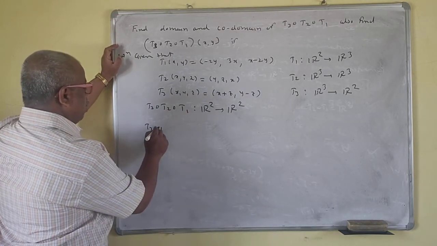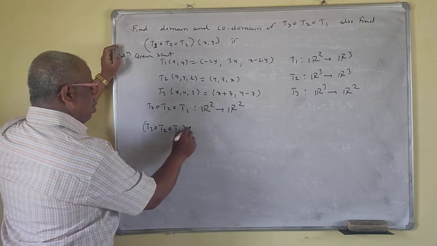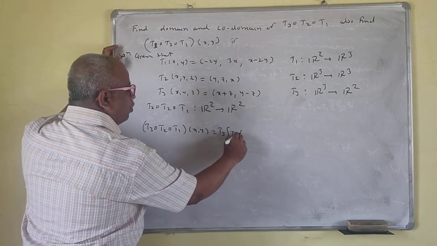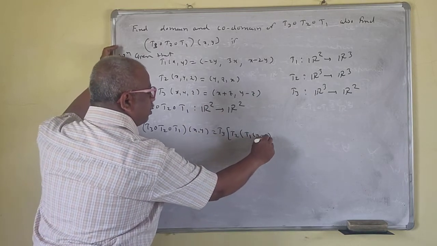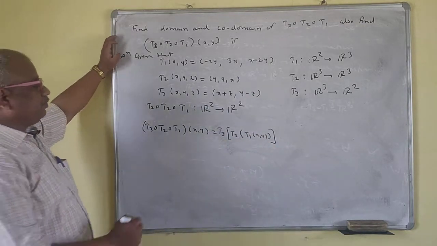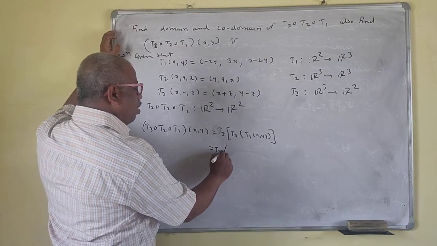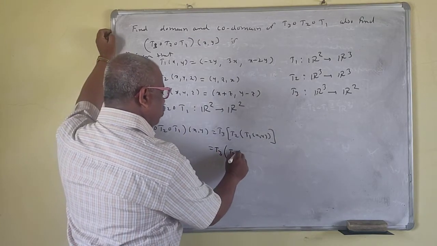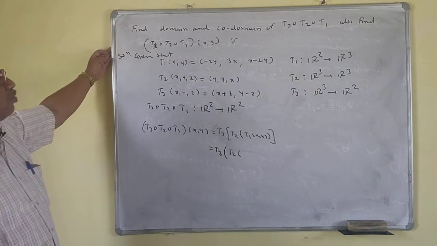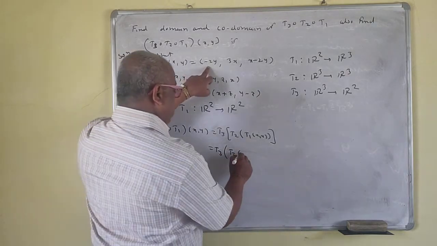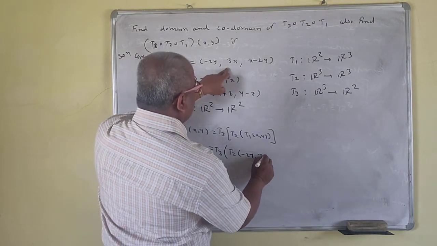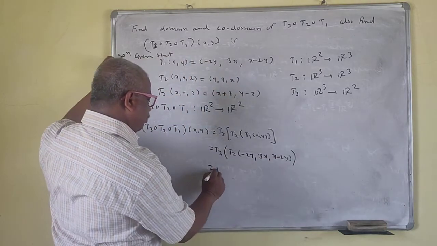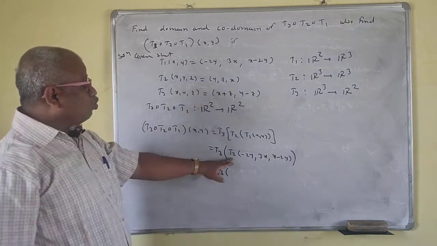So T3 compose T2 compose T1 of XY is equal to T3 of T2 of T1 of XY. T1 of XY is minus twice Y, 3X, X minus twice Y. Now T3 of T2 of XYZ.